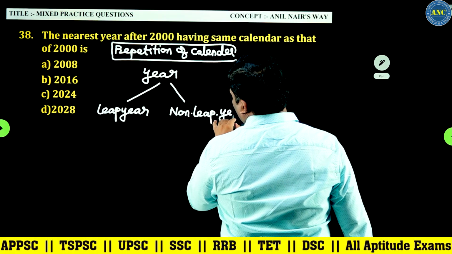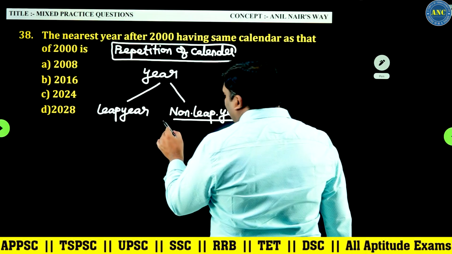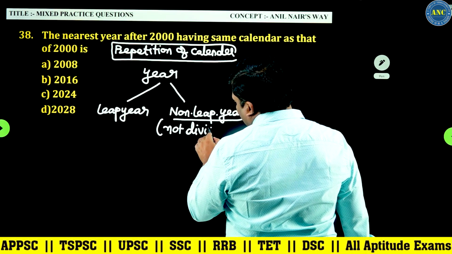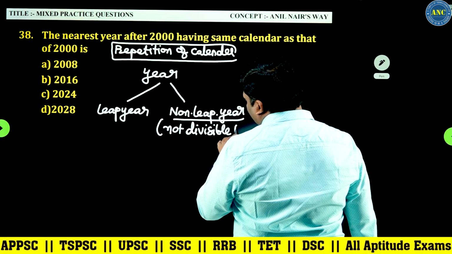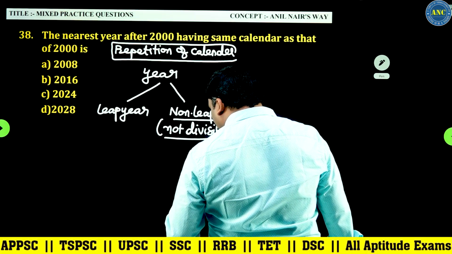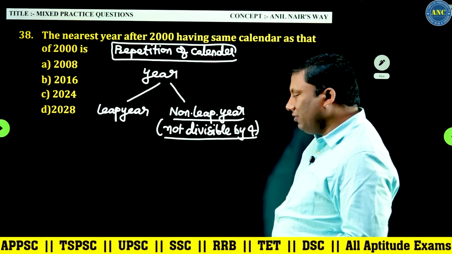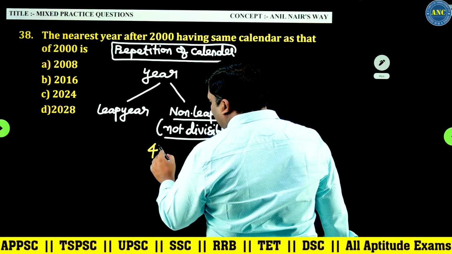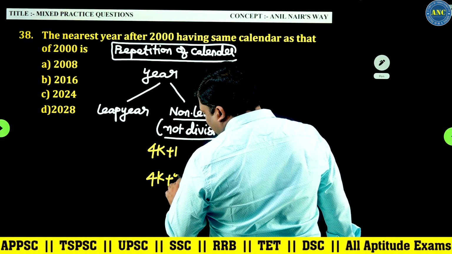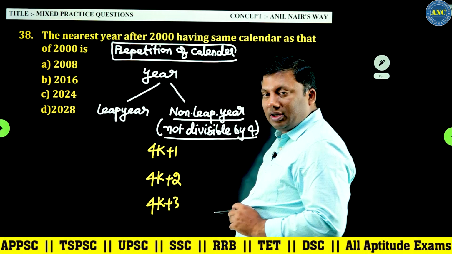What do you mean by non-leap year? A non-leap year is a year which is not divisible by 4. If a number is not divisible by 4, it gives a remainder 1, a remainder 2, or a remainder 3.